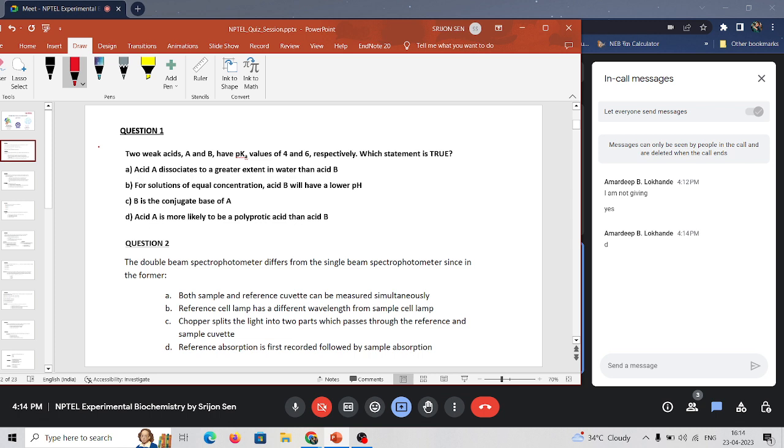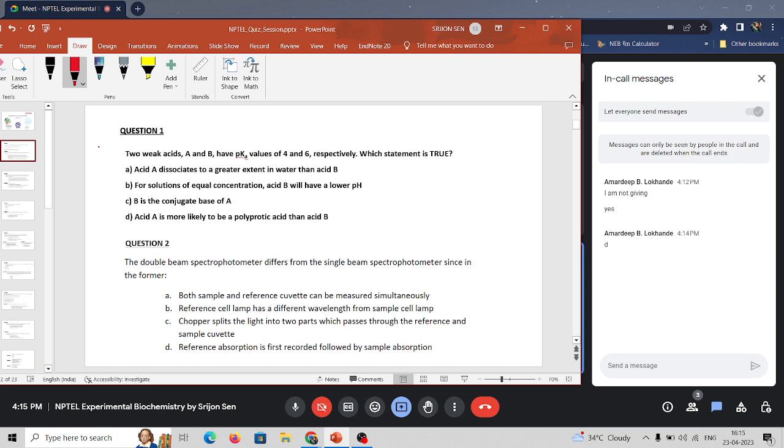If you see the pKa values of the two acids, 4 and 6, you can tell that acid A is a stronger acid compared to acid B, and there is a tendency of strong acids to dissociate to a greater extent than the weak acids. This has been taught.